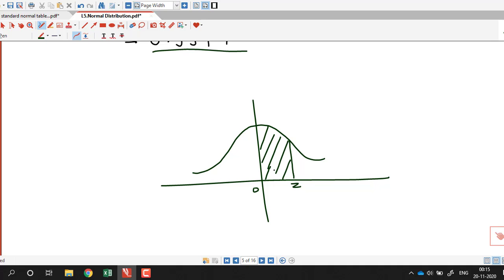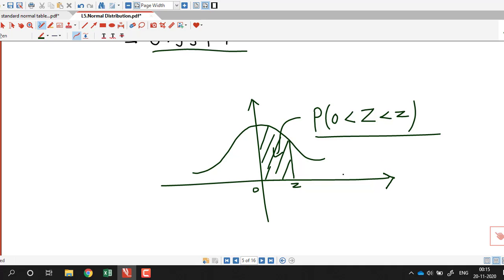If you are given this type of table, then also it is easy to calculate probabilities using this type of areas. So this is all about today's session. We have discussed how to use another type of normal table which gives us the area between z equal to 0 and some specified value of z.